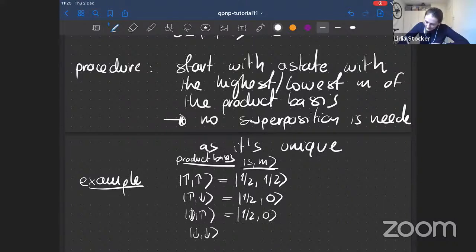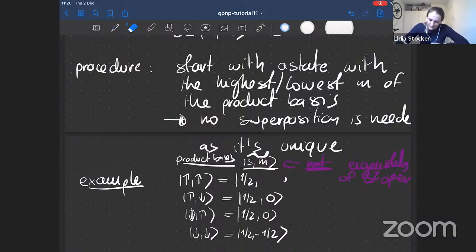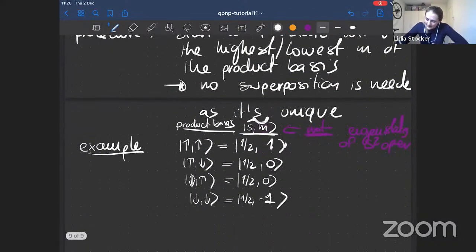And here down down, and this is 1/2 and minus 1/2. And these I put a tilde because these are not eigenstates of the S squared operator. So I could just say the M value of this state is 1. Oh, actually here it is 1 and minus 1, sorry, because we sum the two spins. So these are my values of M.